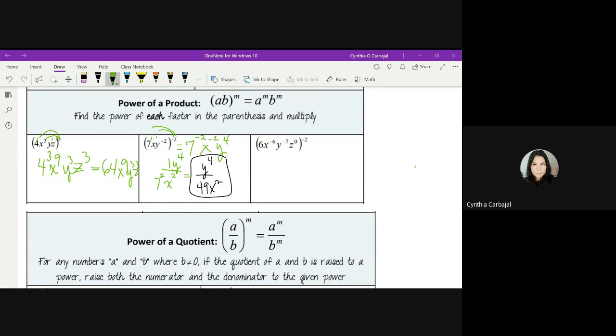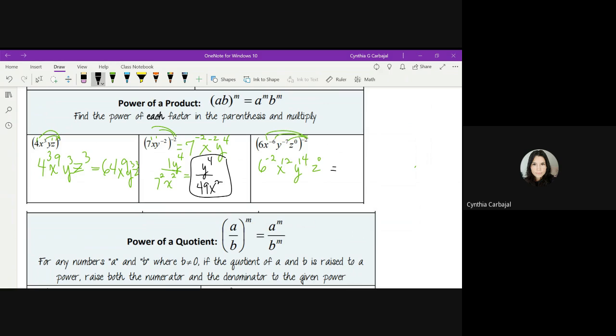So here, 6 has an exponent of 1, and everything else has an exponent, so I don't need to add 1. And we're going to multiply the exponents. So it's going to be negative 2 times 1, negative 2, negative 6 times negative 2, positive 12, positive 14, and 0. Okay, so we simplify that.